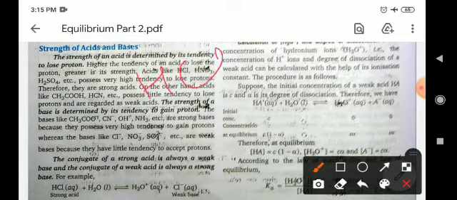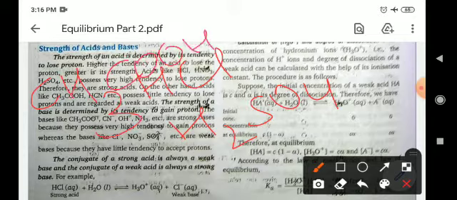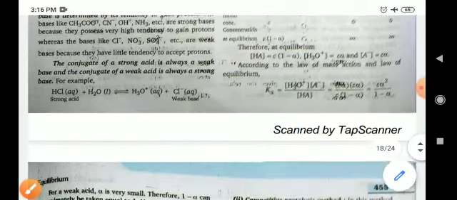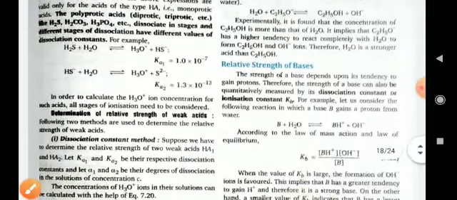Acids which are not completely dissociated in aqueous medium are known as weak acids, for example acetic acid. All natural acids are basically weak acids, and mineral acids are strong acids. So this is the concept of strong and weak acids and bases.